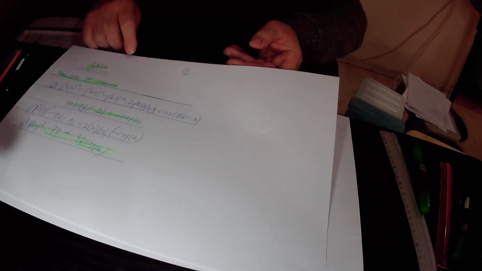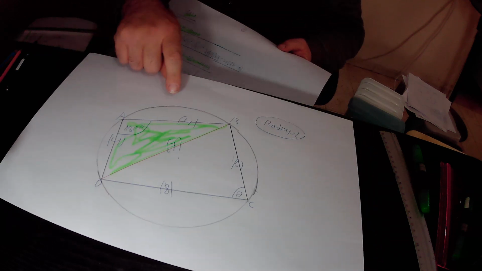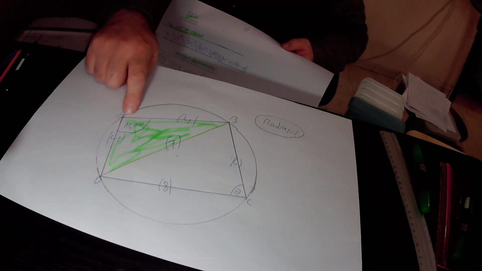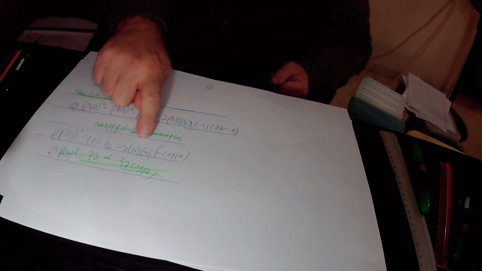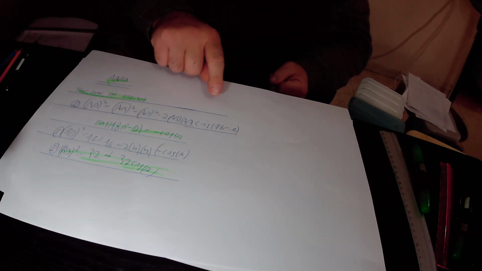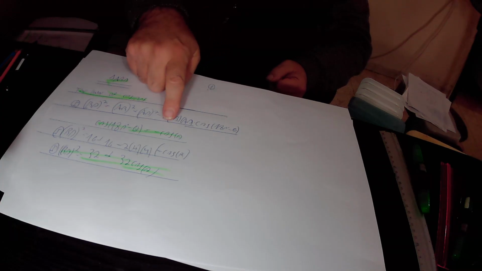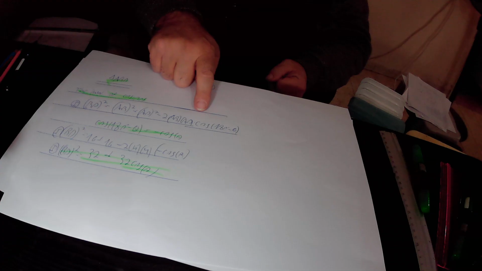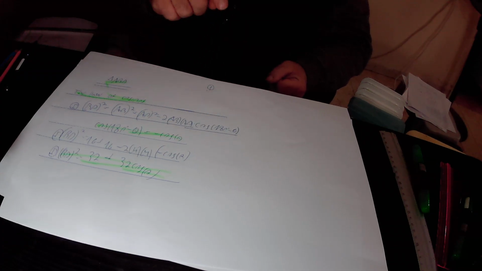So we have BD squared equals 16 plus 16 minus 2 times 4 times 4 times cosine of 180 degrees minus theta, which equals minus cosine theta.